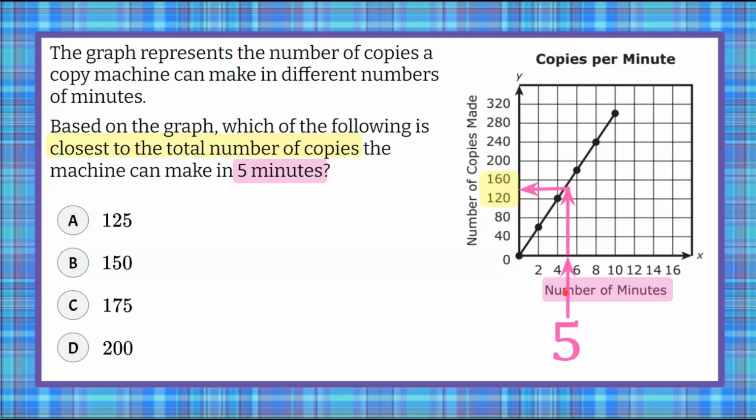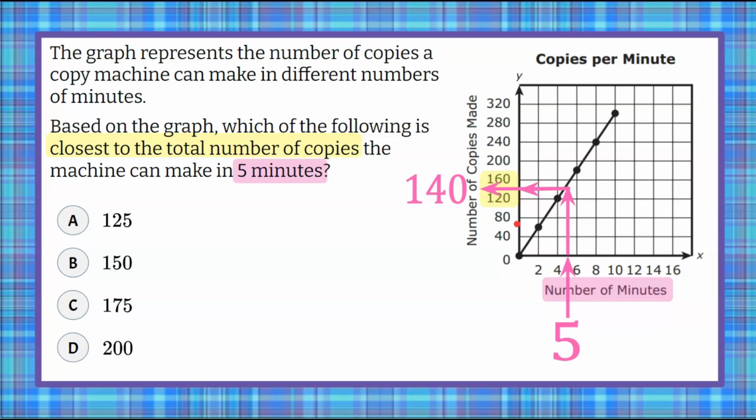So we're going to use the graph of this information plotted, this data, to say in approximately 5 minutes, right? In 5 minutes, about how many copies can be made. So I see that this is falling about between these two values, 120 and 160. So if I look at the middle of that, it's 40.